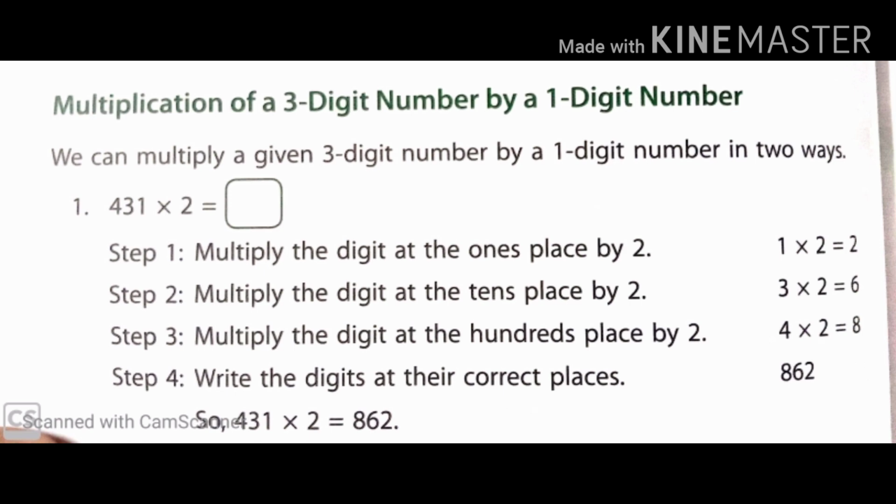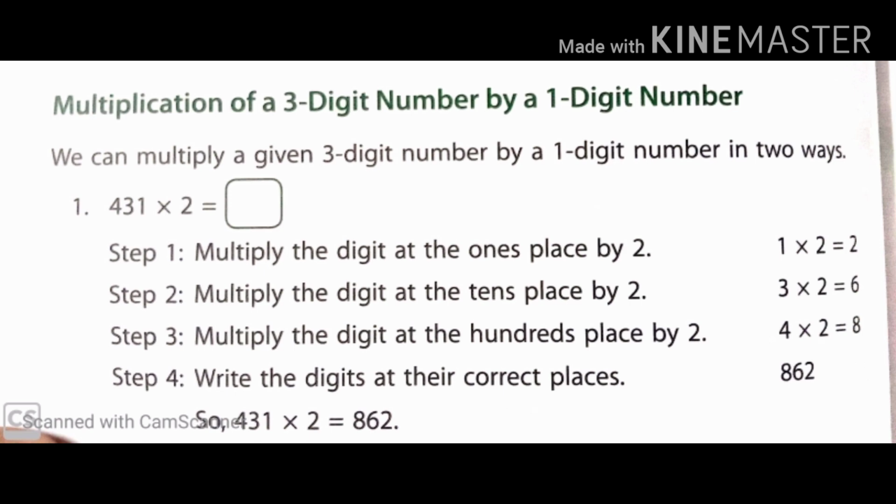Now step 2 is multiply the digit at the tens place by 2. 3 into 2 is 6. Now step 3 is multiply the digit at the hundreds place by 2. What is the number in the hundreds place? 4.